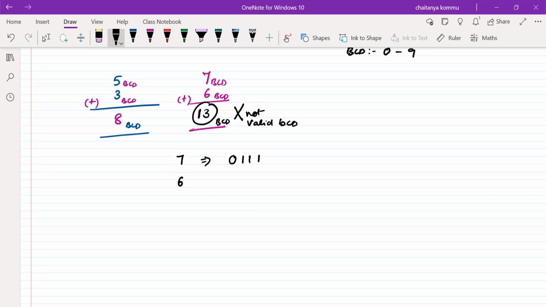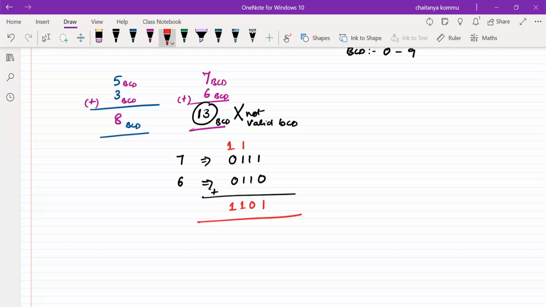Like 6, if you consider, the value is 0 1 1 0. If you add these two, 1 0 carry is 1, sum 1 carry also 1, and here is the 1. So it's a 4-bit number, but it's not a valid BCD. So it becomes 13, right?